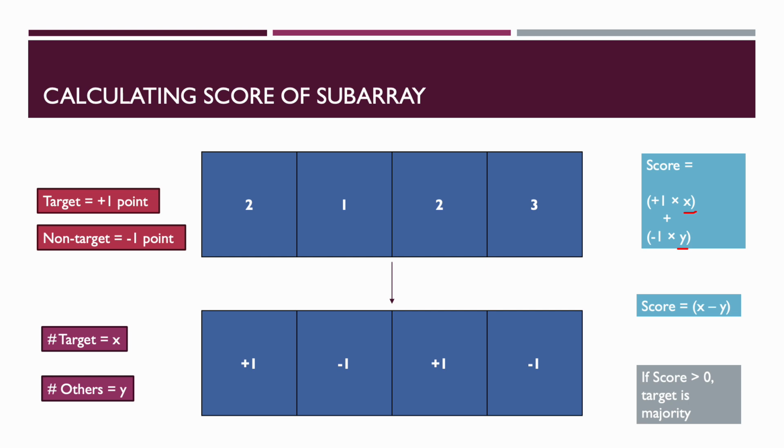Now, our question says that if this is positive, it means our target is majority. In a valid subarray, the score will be positive, right? Or it will neutralize. So if the score is 0, it means the number of +1s is a majority, right?